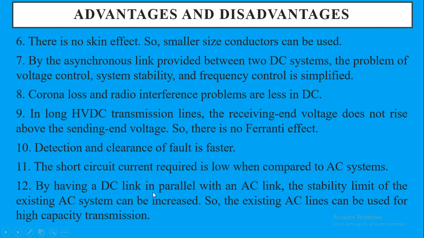By having a DC link in parallel with an AC link, the stability limit of the existing AC system can be increased, so the existing AC lines can be used for high capacity transmission.